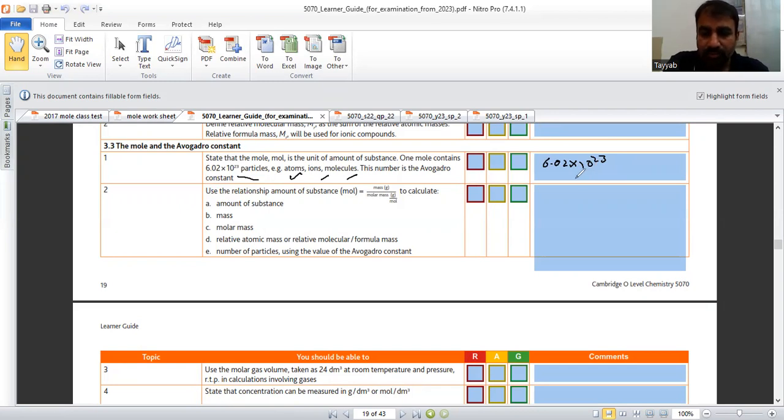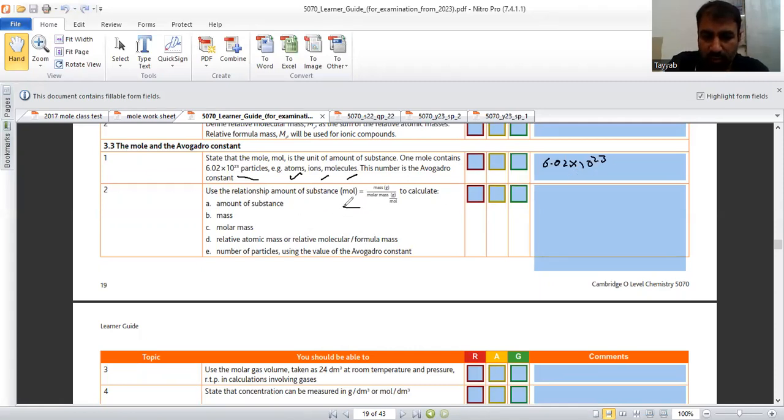In other words, if the mass of an element, atom, or molecule is represented in grams, meaning AR or MR in grams, this is also equal to 1 mole.